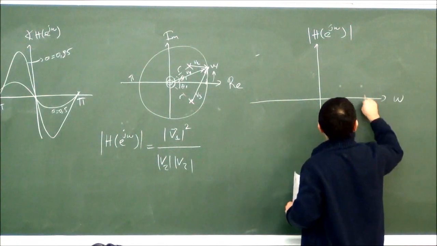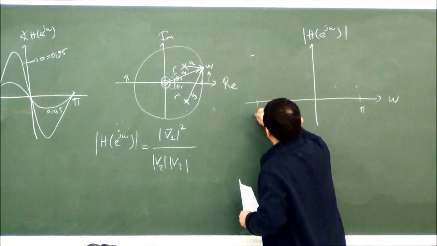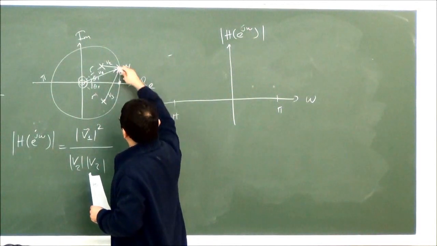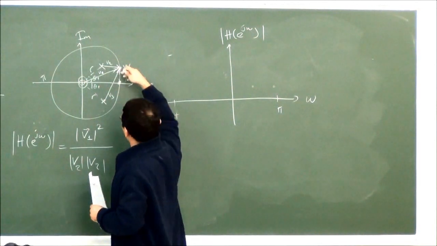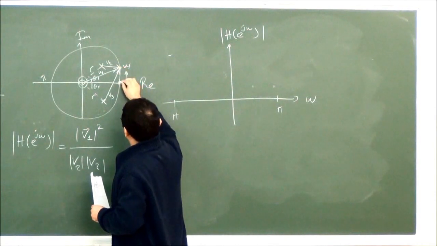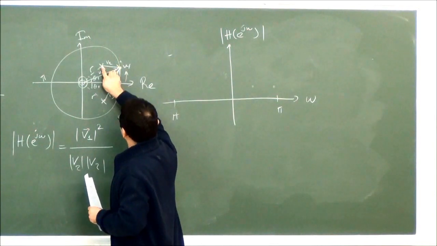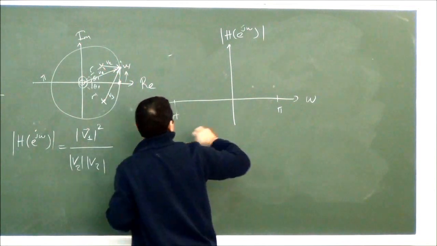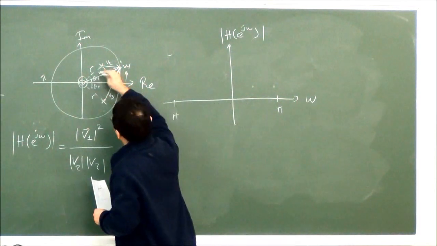This is the omega plane, this is pi, and this is minus pi. As you see, for this point, we are close to the poles. Let's say this is theta.